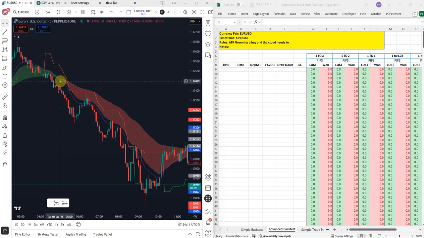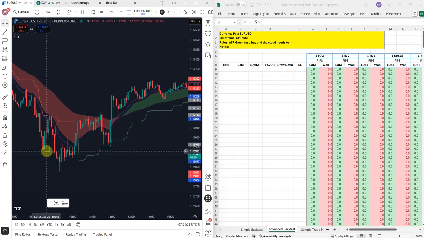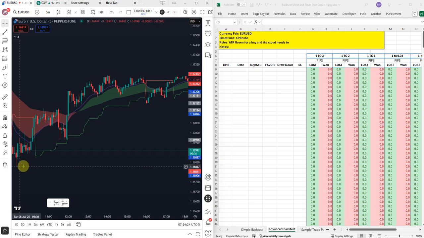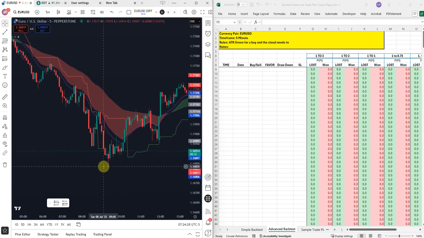Red ATR, and then it turned red on the cloud at about 5:05, so we missed that one. Here it turned green, but our cloud was red. Here it turned green, but our cloud was red. Oh, here it turned red. Oh, we missed our trading again. So far on the trade plan, two days, no trades.